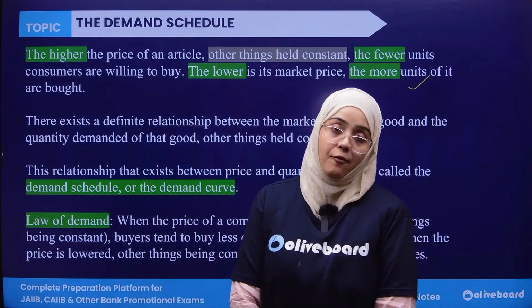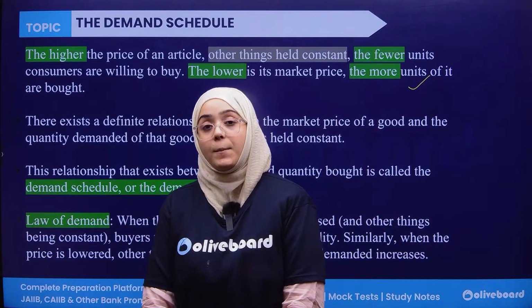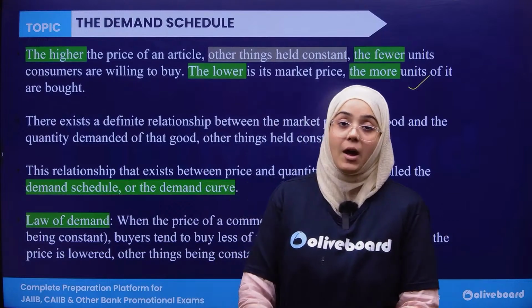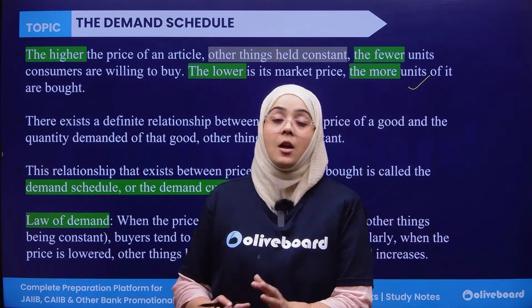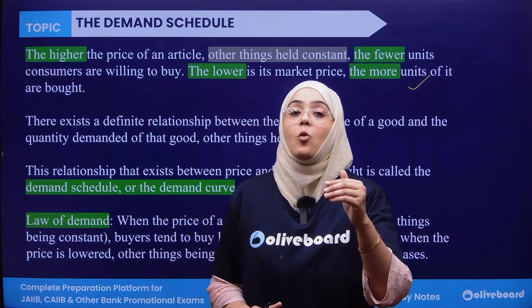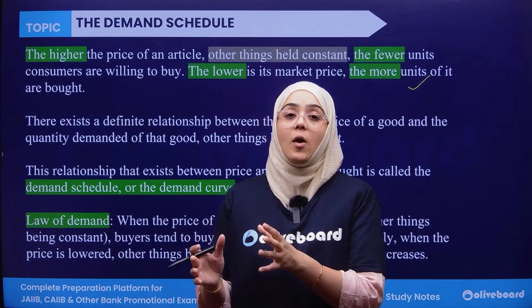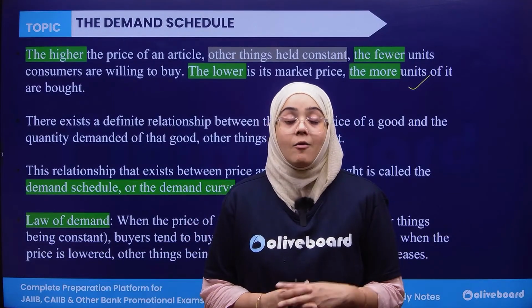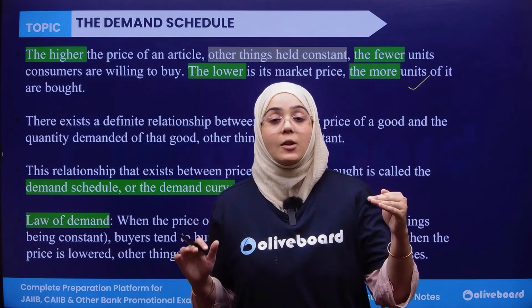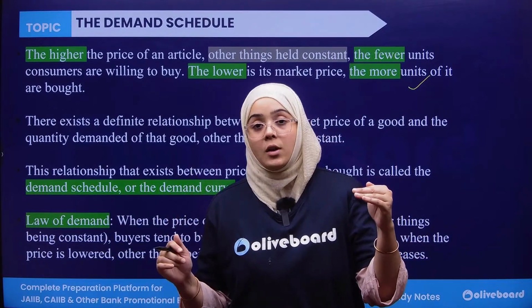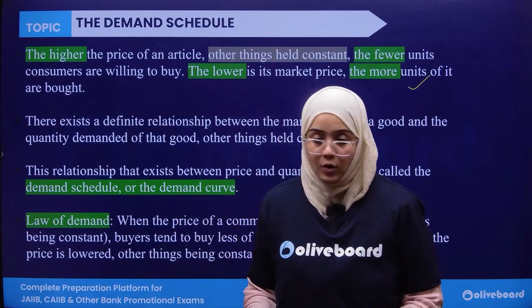These other factors which can affect the demand for a product remain constant. Once the price goes up or down, it changes the quantity demanded by the buyer. Once the price goes up, quantity demanded goes down, other things remaining constant.